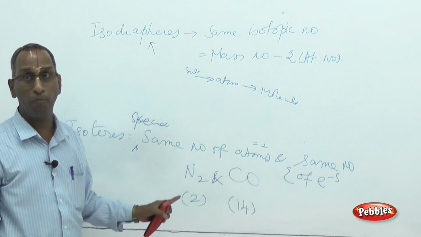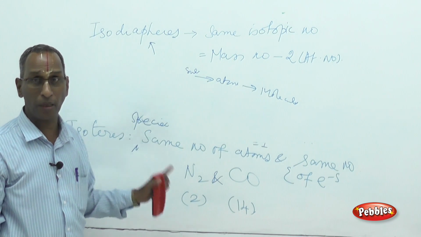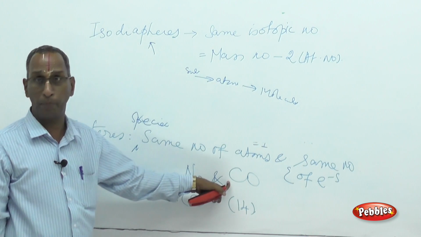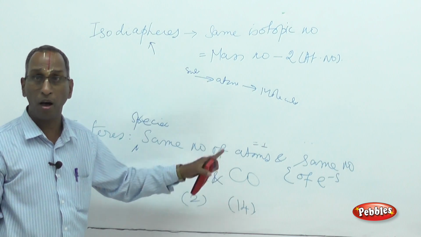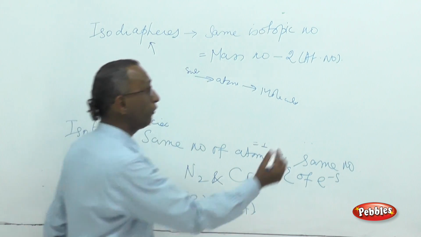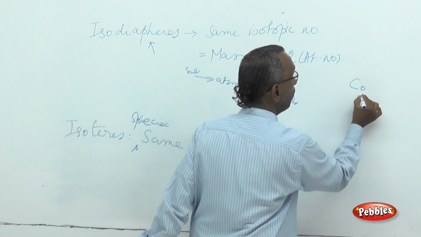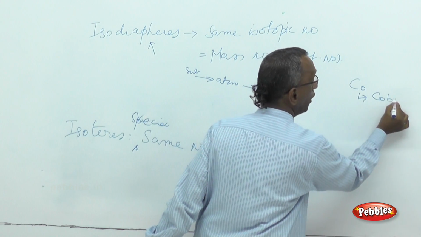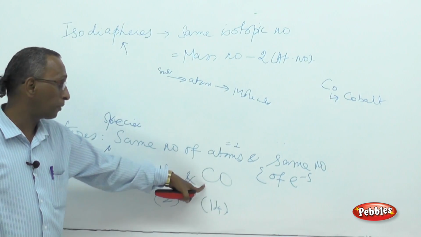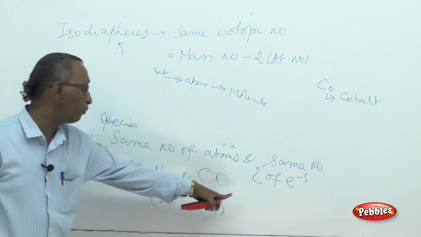Nitrogen atom is represented as capital N, whereas capital C represents carbon, capital O represents oxygen, capital CO represents carbon monoxide. But if you write capital C small o, that represents a different element called cobalt. So here you have to be careful about writing.